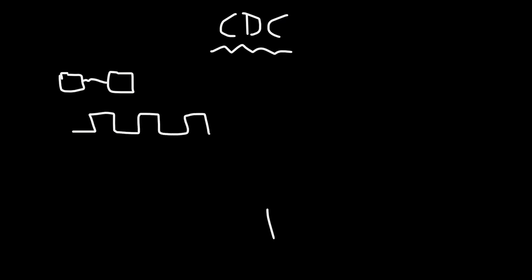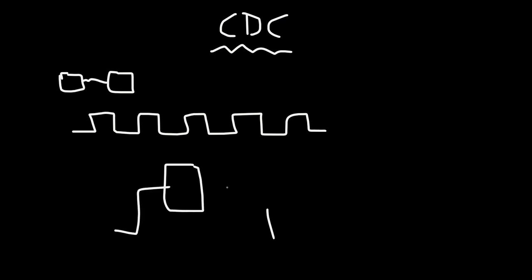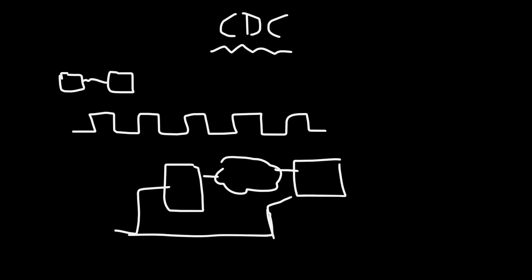So this is a clock we have, and let's say this is the path. In case we have the same clock going to both the flops, usually this is the launch flop and this is the capture flop.